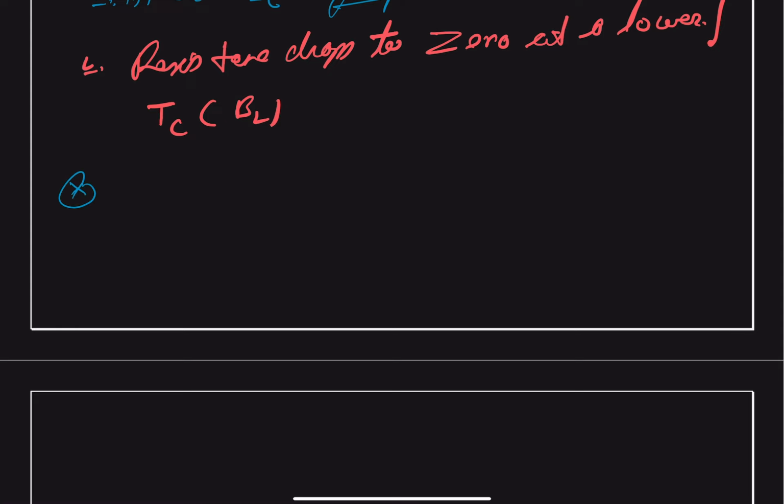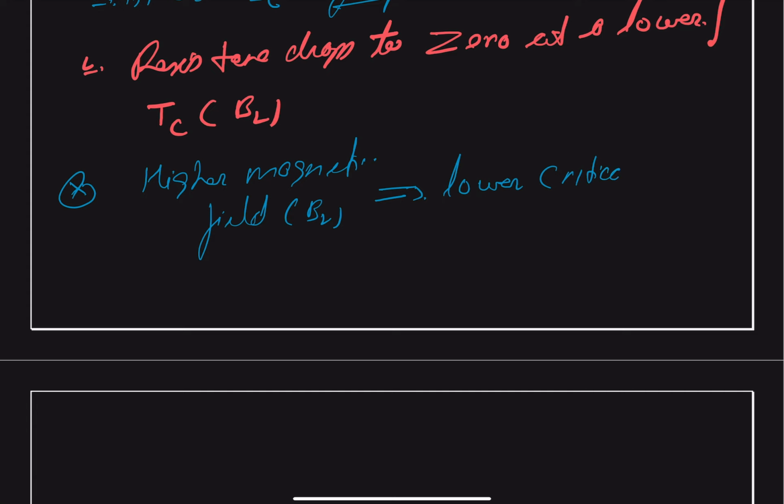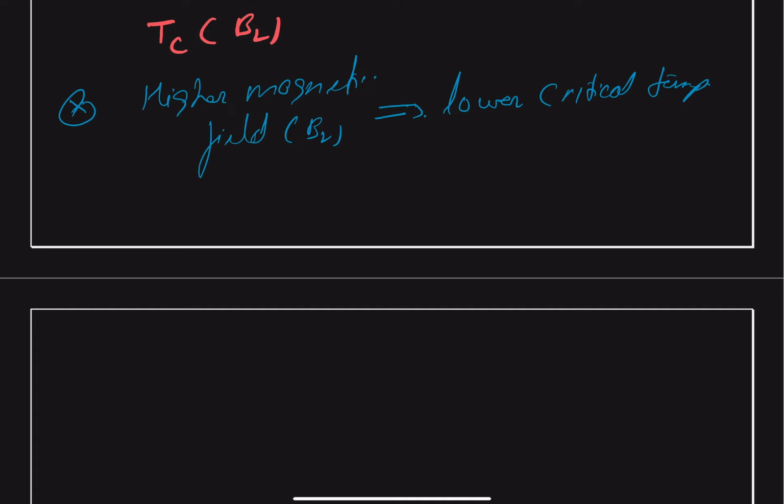We can write that higher magnetic field, which in this case is our B2, results in lower critical temperature, or we can write that critical temperature at B2 will be less than critical temperature at magnetic field B1.